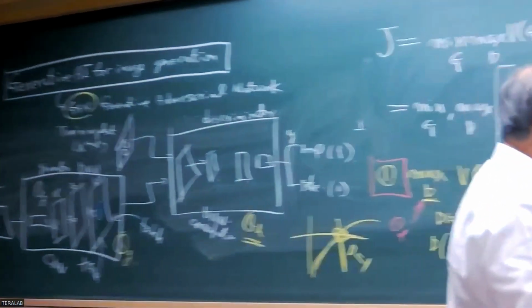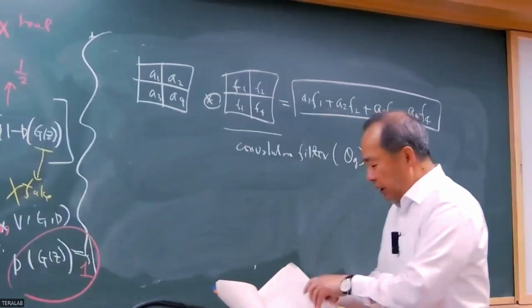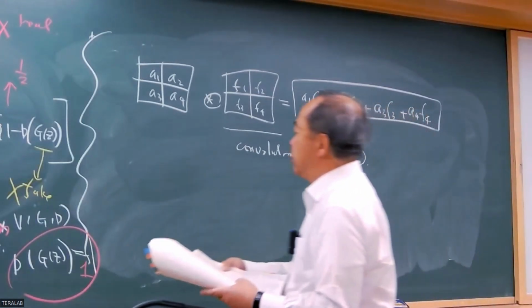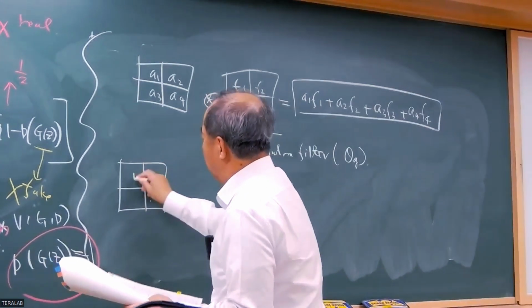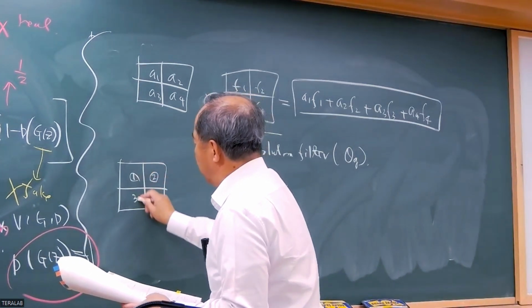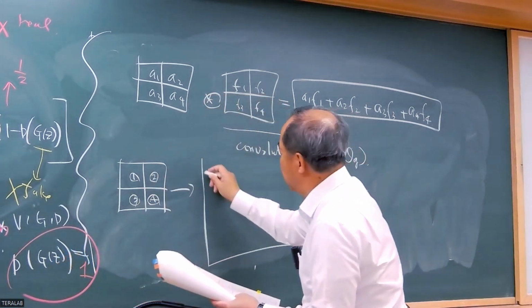Then how are they expanding the images during the generating process? Let's assume that we have an initial image like that. It has 1, 2, 3, 4 elements. They are adding some zeros.